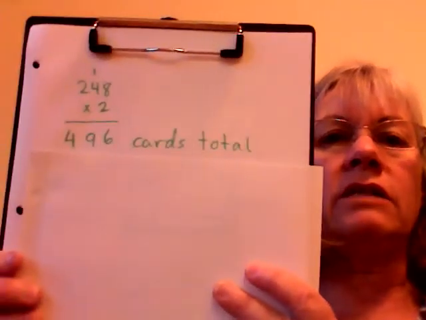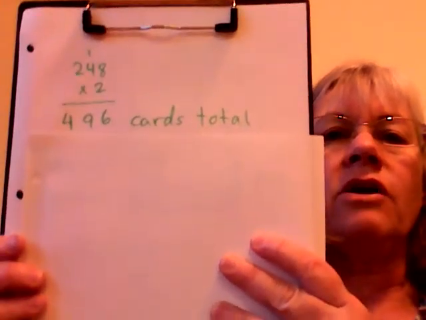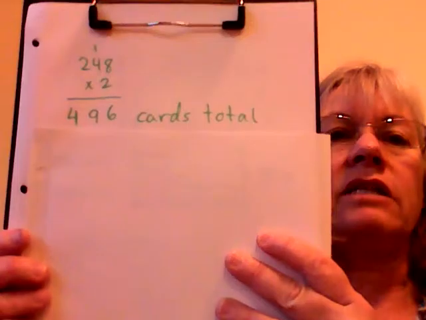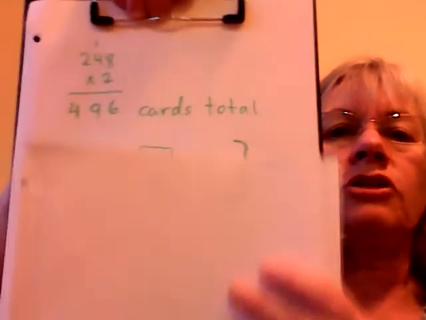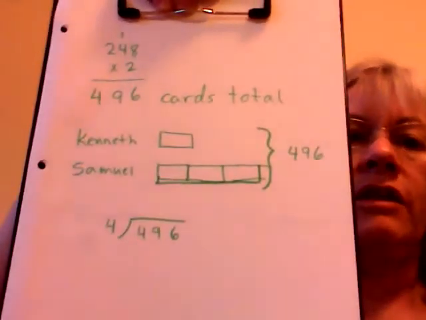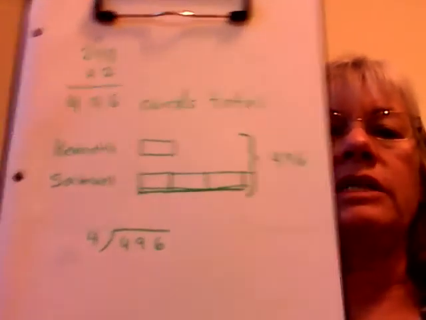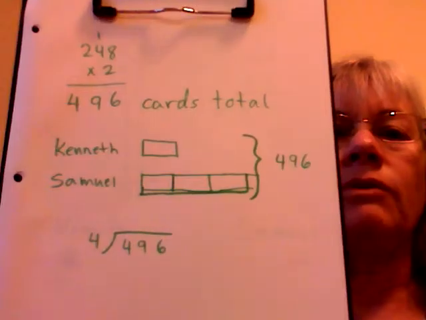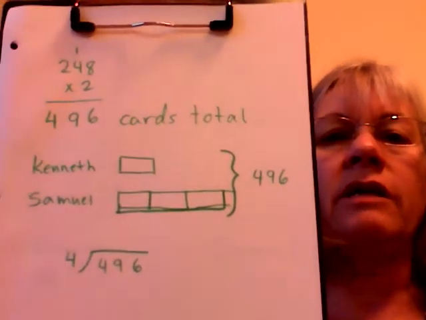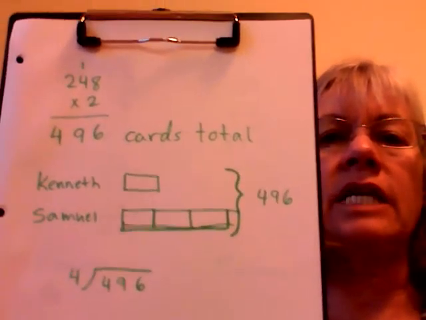Now the problem also tells us that the cards are not, in fact, equally shared. It shows that Kenneth only has a few and Samuel has quite a few more. It's stated this way: Samuel has 3 times as many cards as Kenneth.